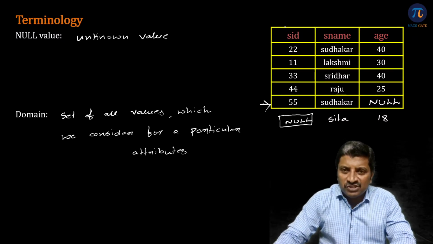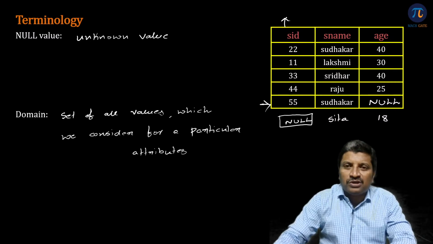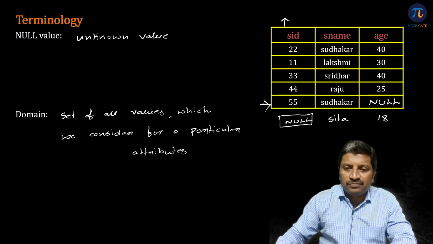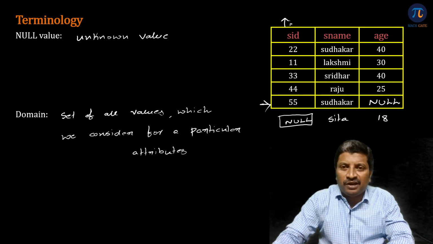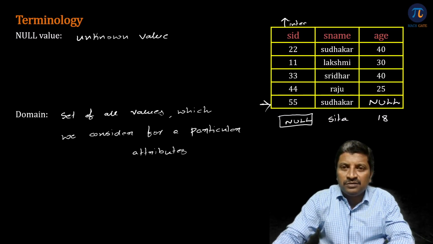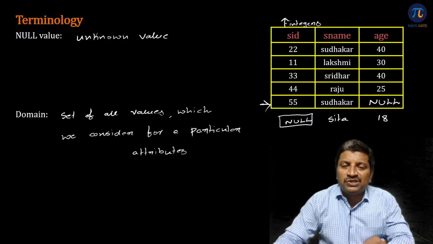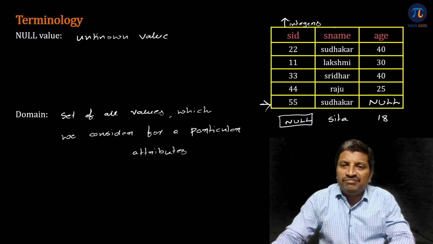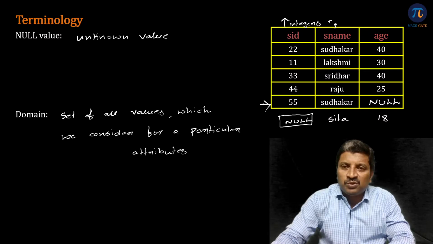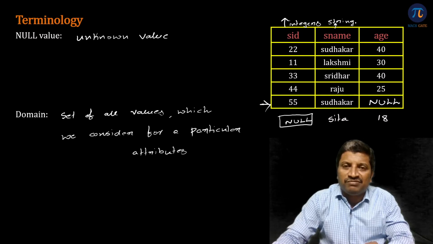Suppose for student ID, I want to collect all integers. So the collection of all integers is my domain. Similarly, for student name, suppose I can write any string which is made of English alphabets.